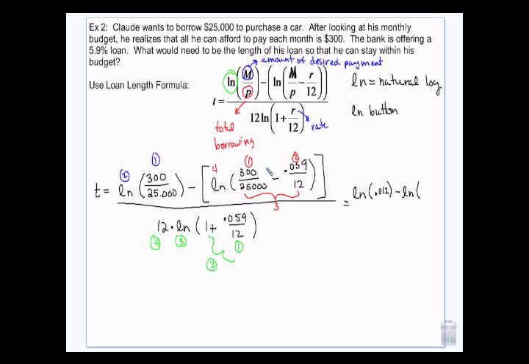So I get 0.012 minus 0.004916 forever. And that gives me 0.0071. Okay. And then I have 12 times 1 plus. So 0.059 divided by 12 is 0.0049.